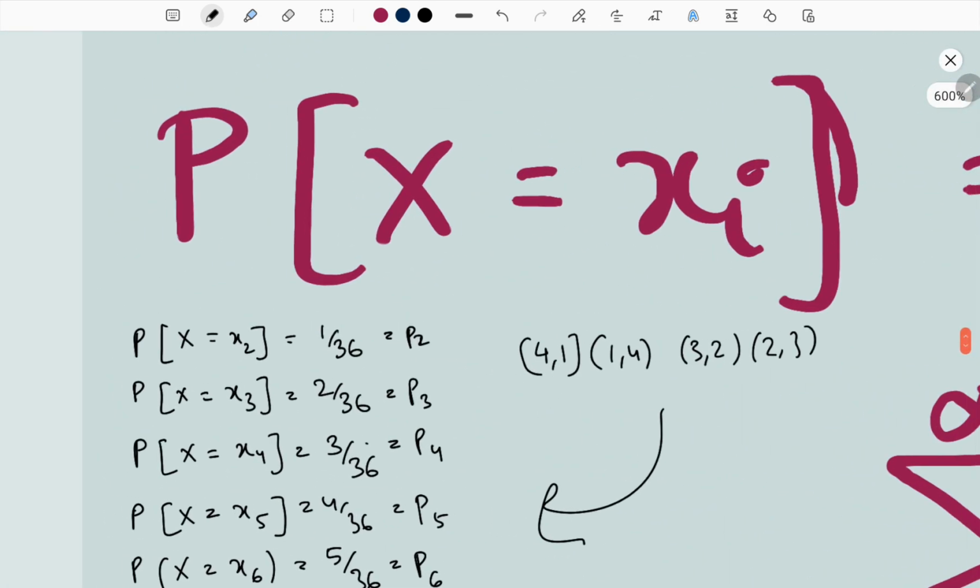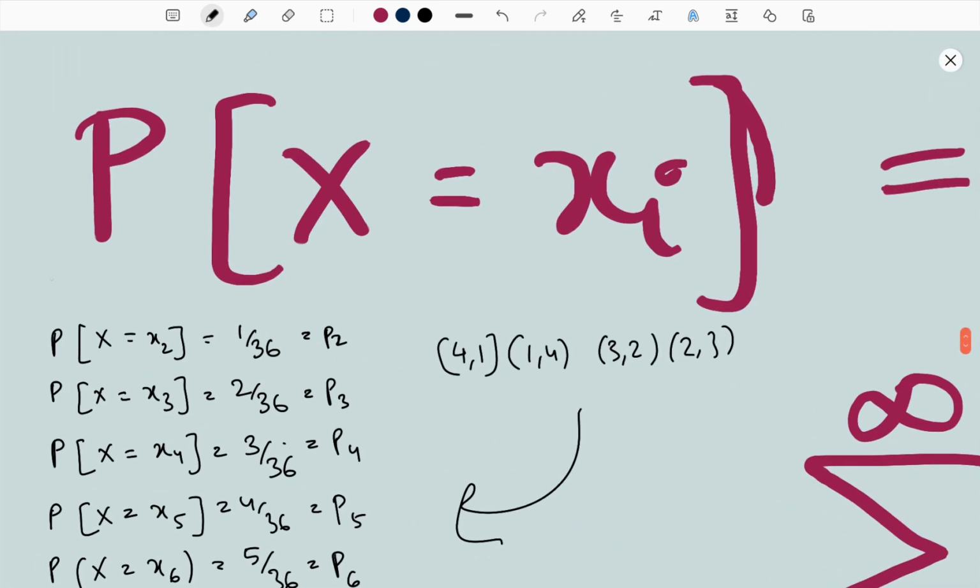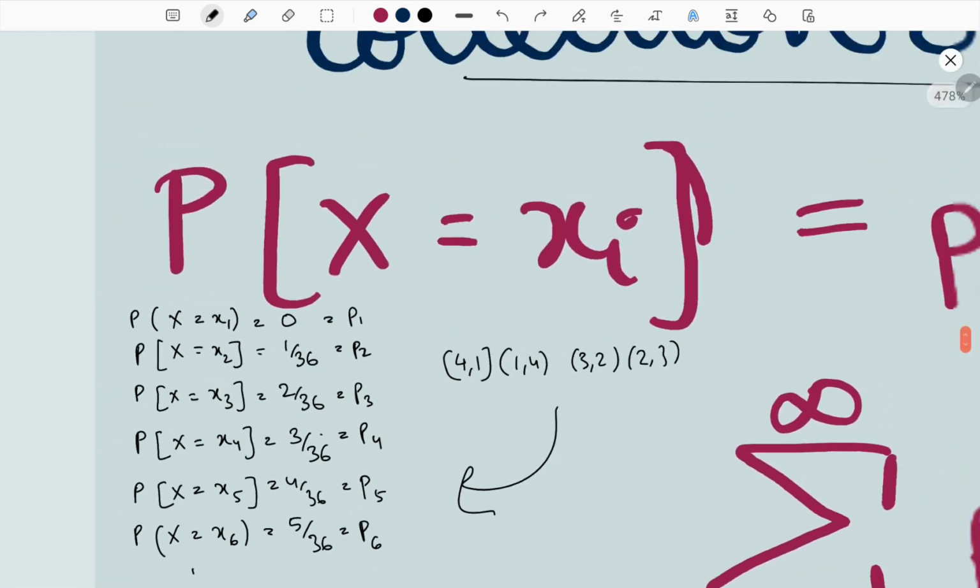Now why didn't we consider p1? P1 also has a reasonable spot here. This one will be 0, which will be p1, because it doesn't have any outcome.